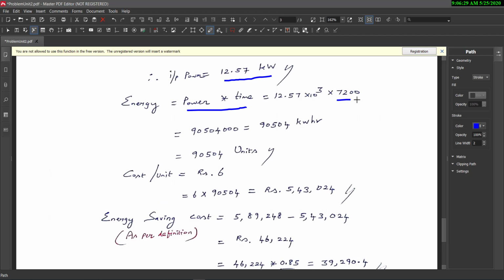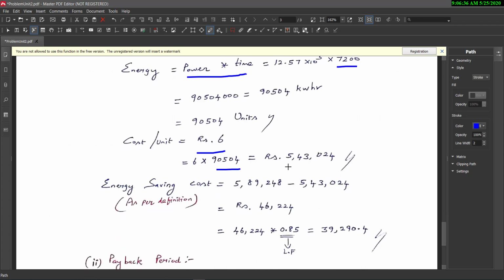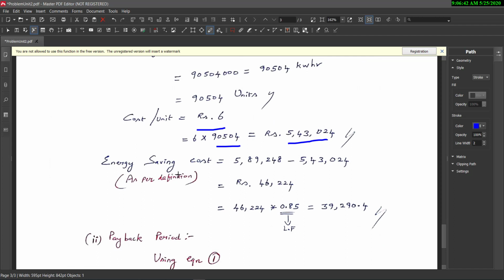The cost per unit is 6 rupees, so for 90,504 units, it is 5,43,024 rupees.